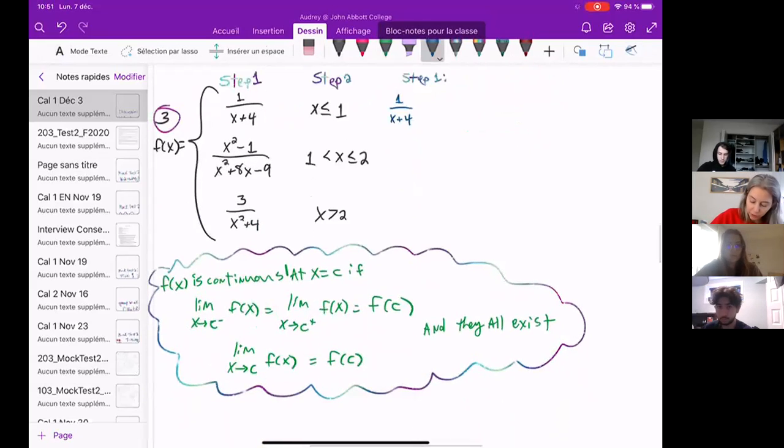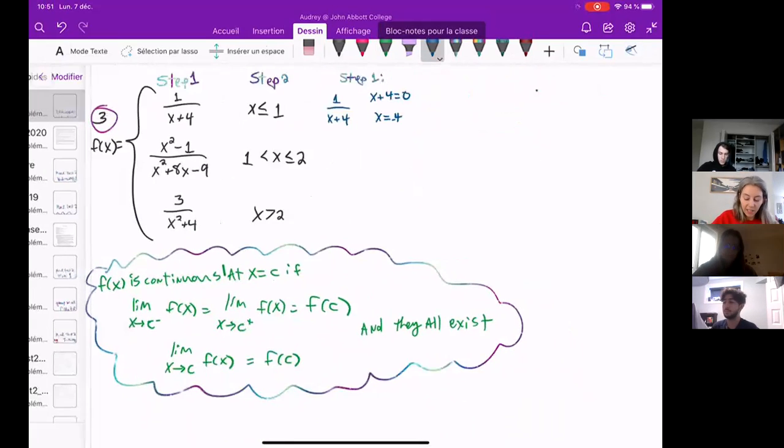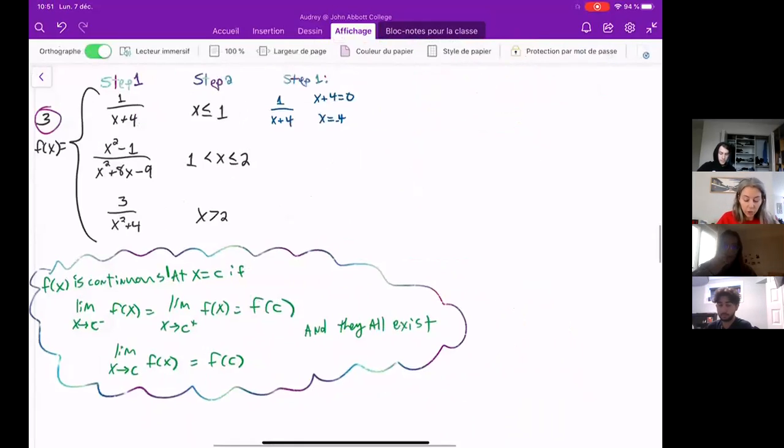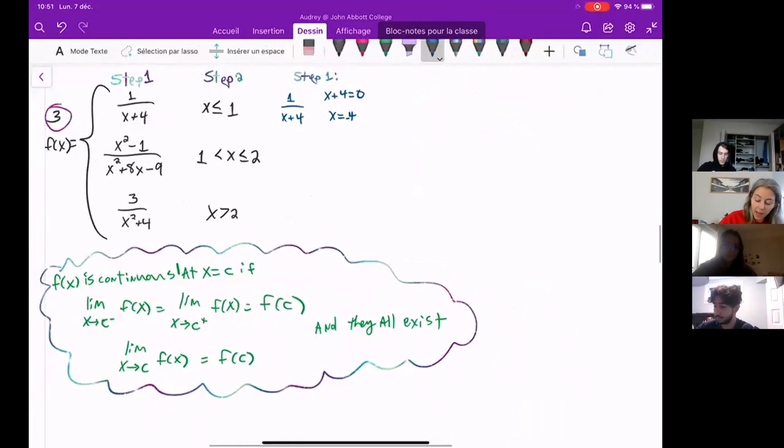So I have 1 over x plus 4. X plus 4 equals 0 when x is equal to minus 4. And so then we ask ourselves, is that minus 4 important? In other words, is it on the interval in question? So I'm like, is negative 4 less than or equal to 1? Yes.